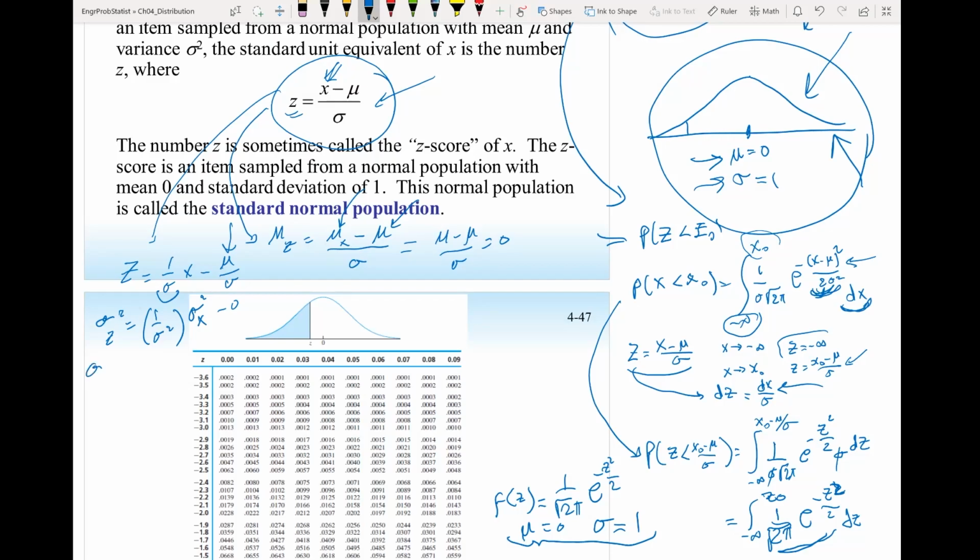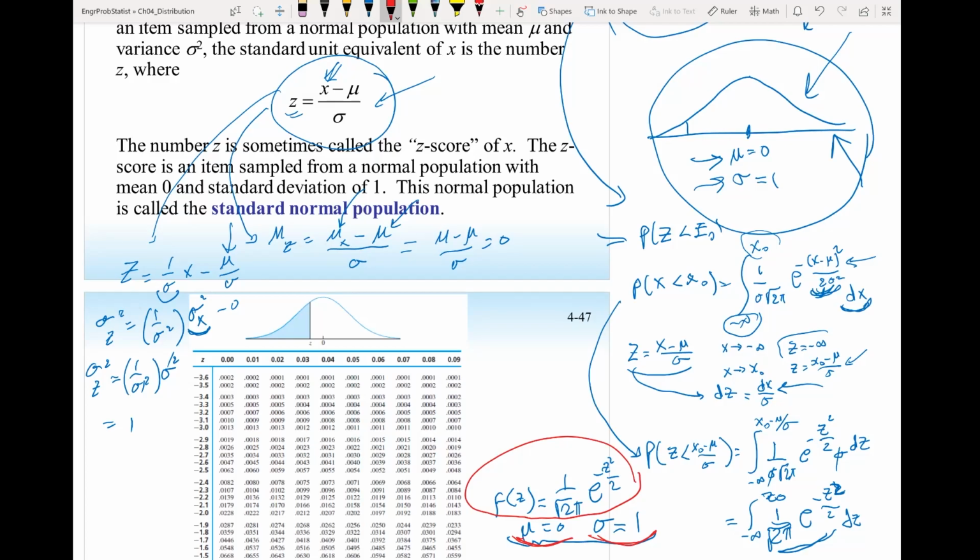Then the variance of z equals 1 over sigma squared times the variance of x. But the variance of x is just sigma squared. These cancel, and this is 1. So for a standard normal distribution, the probability density function is this. The mean is 0, and the standard deviation is 1.